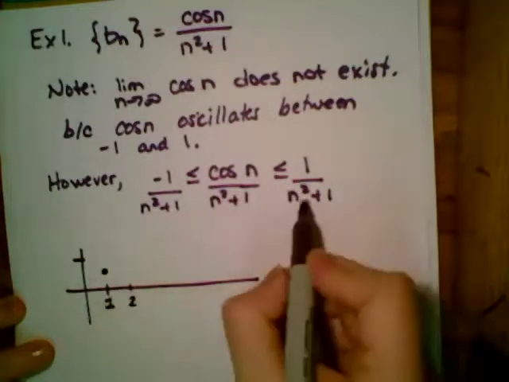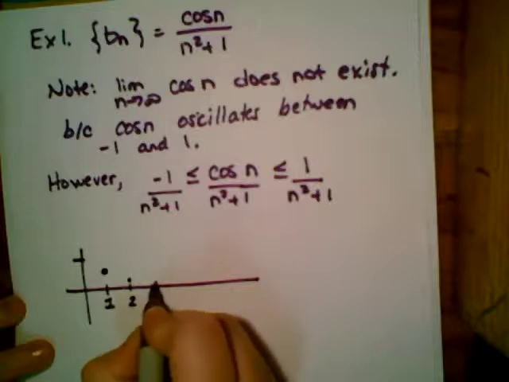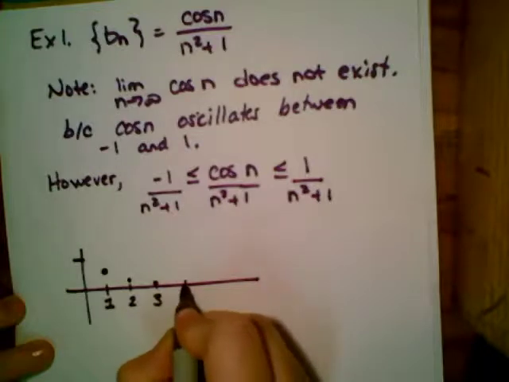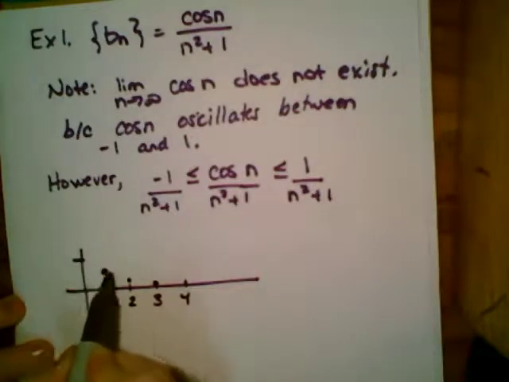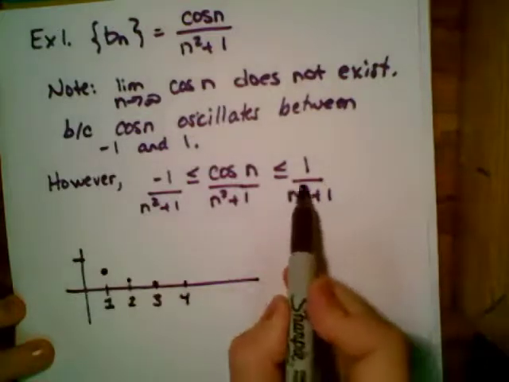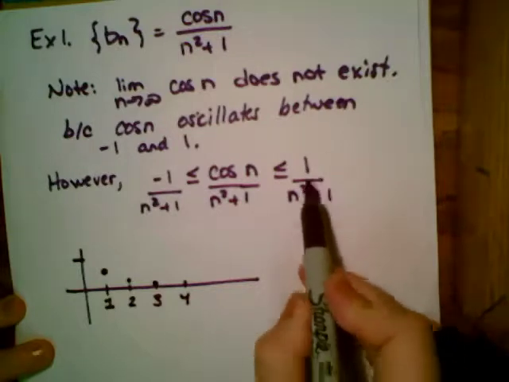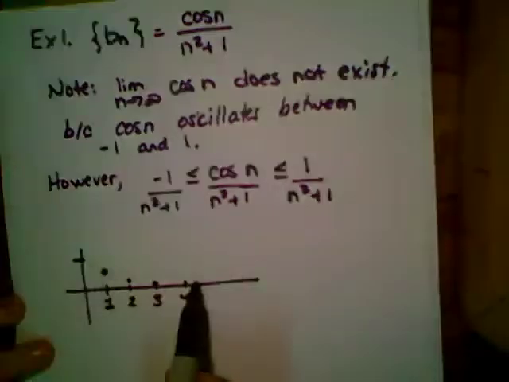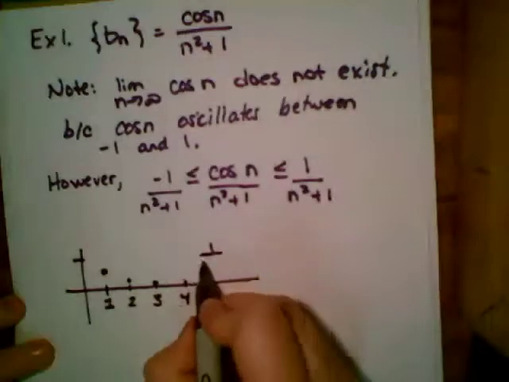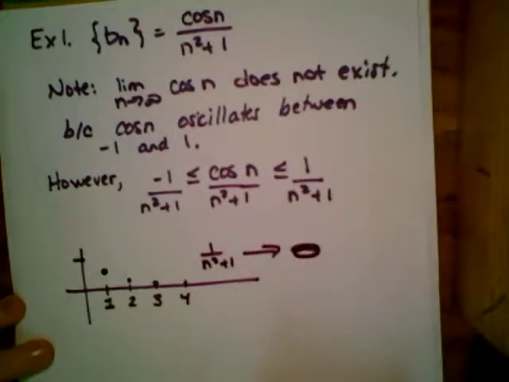When n is 2, 1 over 2 squared plus 1 is 1/5. And then we get 1/10, and then we get 1/17. And it's pretty clear that the denominator grows without bound, and this sequence, 1 over n squared plus 1, goes to 0.